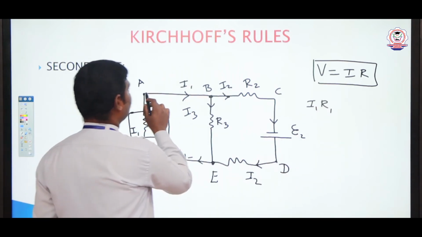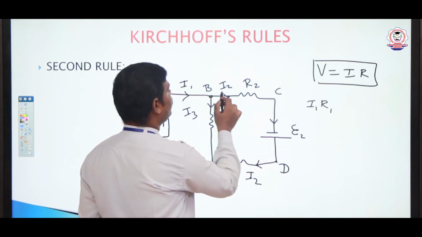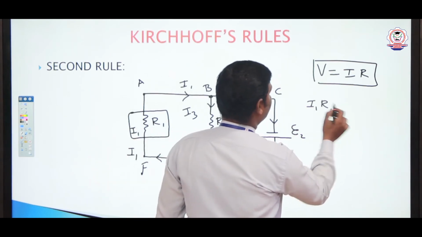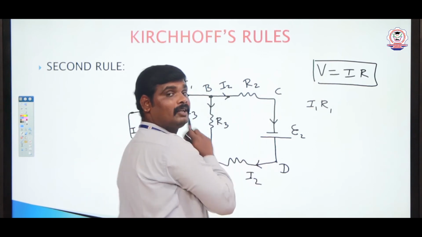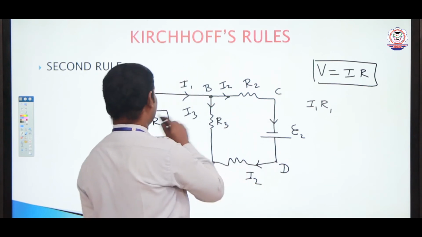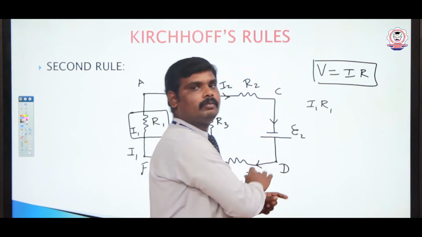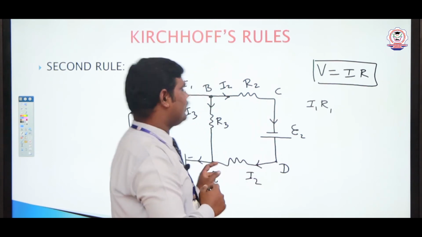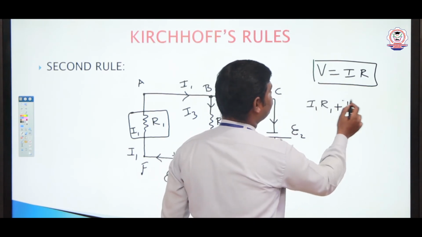Next, I am moving from A to B and B to C. B to C means here I have R2 into I2. If I move from A to B, the current also moves in the same direction. If we move along the direction of electric current, the clockwise direction, we take positive; anti-clockwise, we take negative. Here the current is flowing clockwise, so take positive I2 into R2.